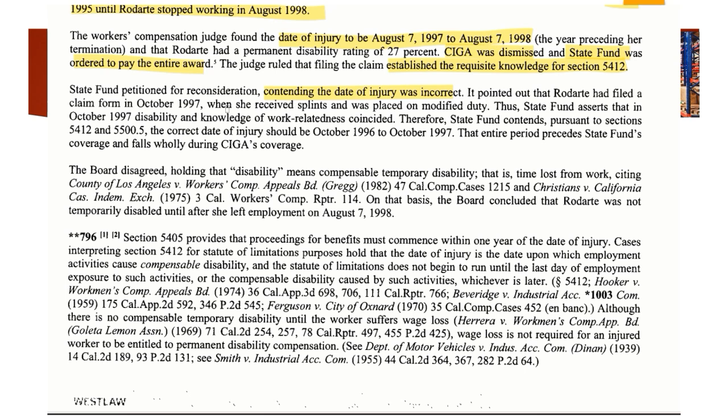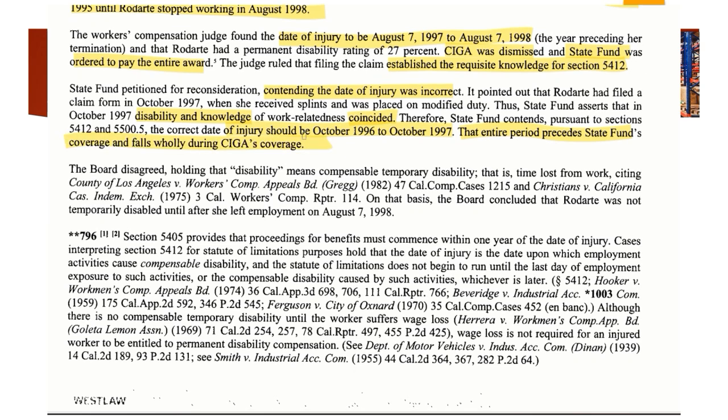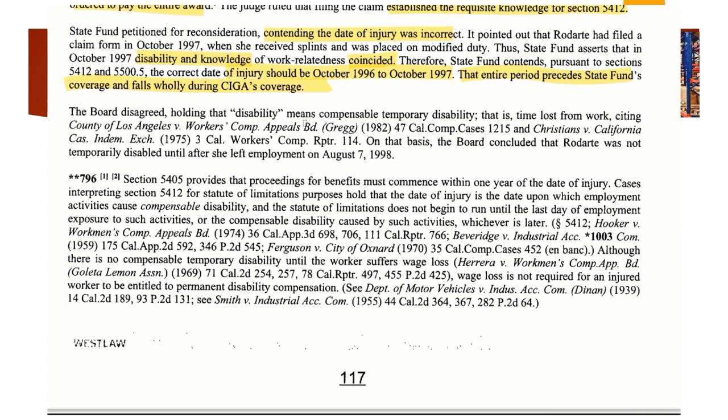So State Fund asserts that in 1997, both disability and knowledge, the two components required to establish the date of injury, had indeed coincided, and therefore the correct date of injury should be 1996 to 1997, relieving them of liability for any liability whatsoever, since the entire period preceded State Fund's coverage and falls wholly during SIGA's coverage.